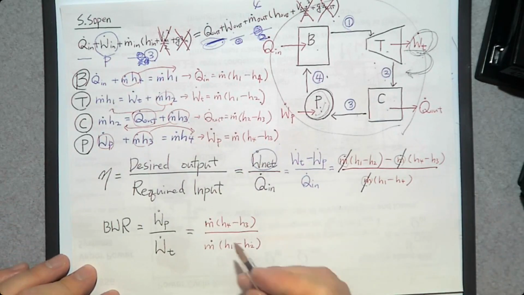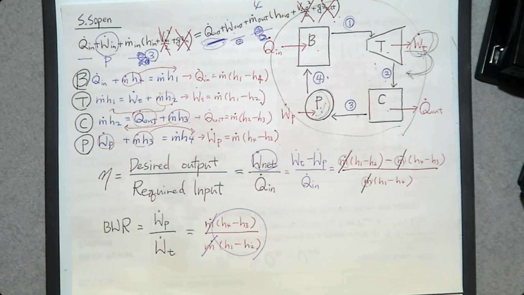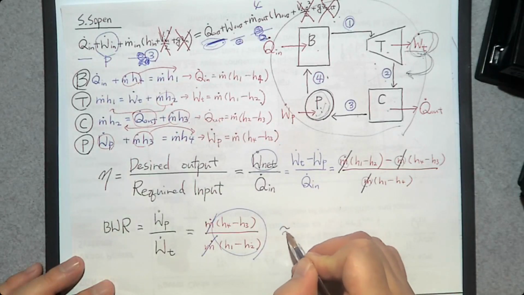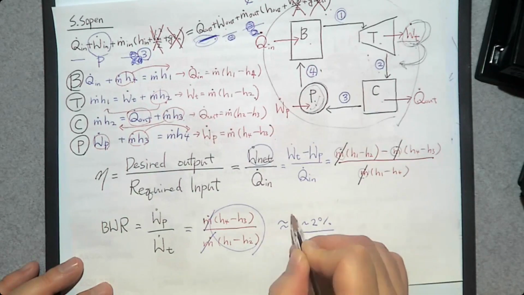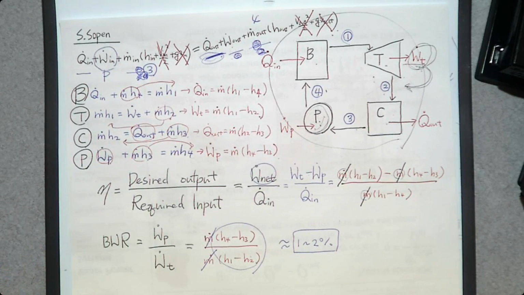So the back work ratio can be calculated by this. In a typical Rankine cycle used in most power plants in the US or anywhere else in the world, this value is close to 1 or 2%. So you can see the back work ratio is pretty low for the Rankine cycle.